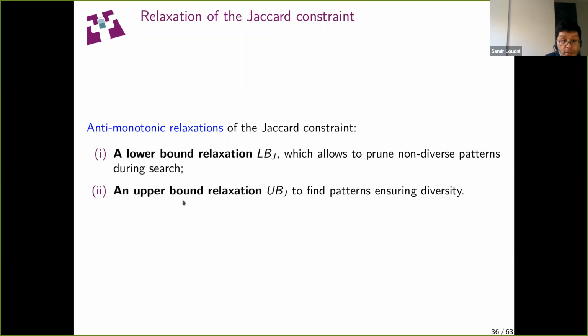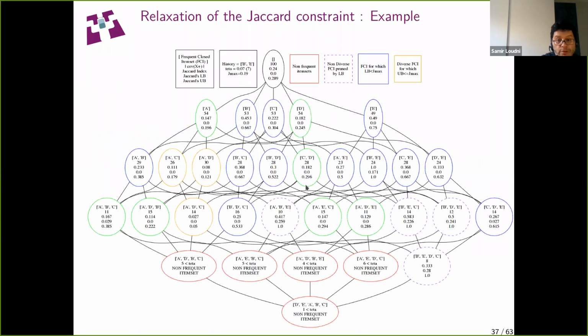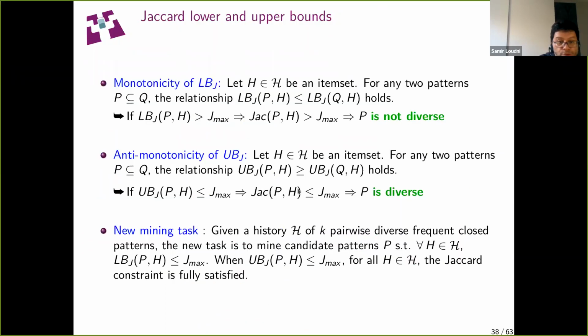The other relaxation is based on an upper bound of the Jaccard index. This upper bound enables us to find patterns that necessarily satisfy the diversity constraint. So let me show you how it works. I will pass to the next slide.